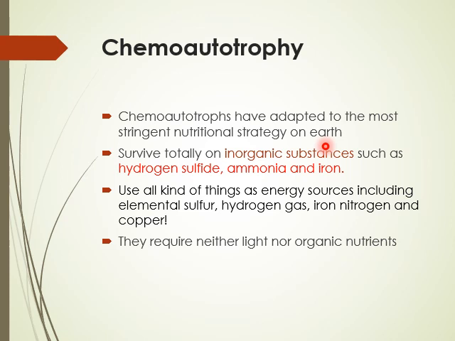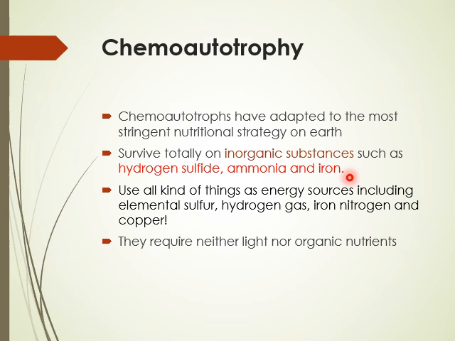So when there are not many nutrients in the environment, they can still live because they survive totally on inorganic substances such as hydrogen sulfide, ammonia, and iron. Okay, but there are no other nutrients. They only have these compounds or substances, but these chemoautotrophs can survive.